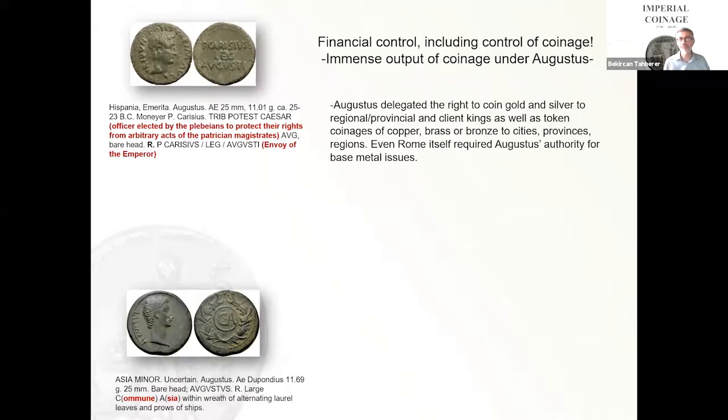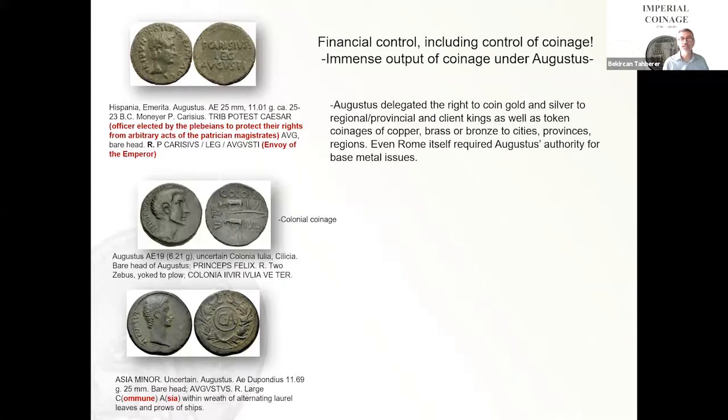Who minted it was not an issue. Where it was minted was not an issue. It was most important that people in his empire understood that without his authority, nothing is going to be done. And that simply poses so many questions to all of us numismatists and historians.